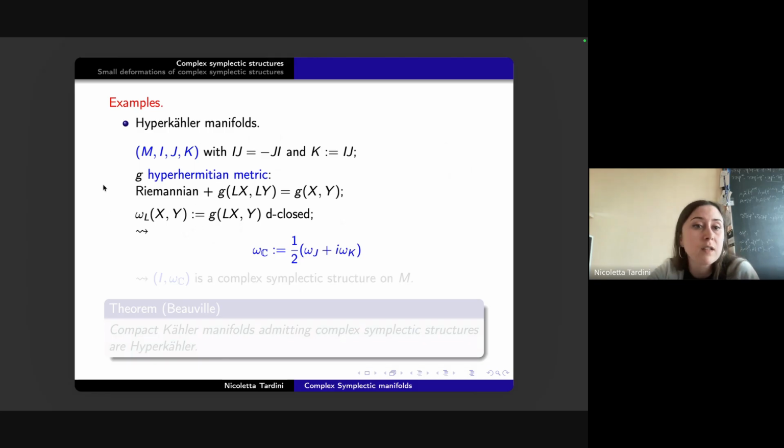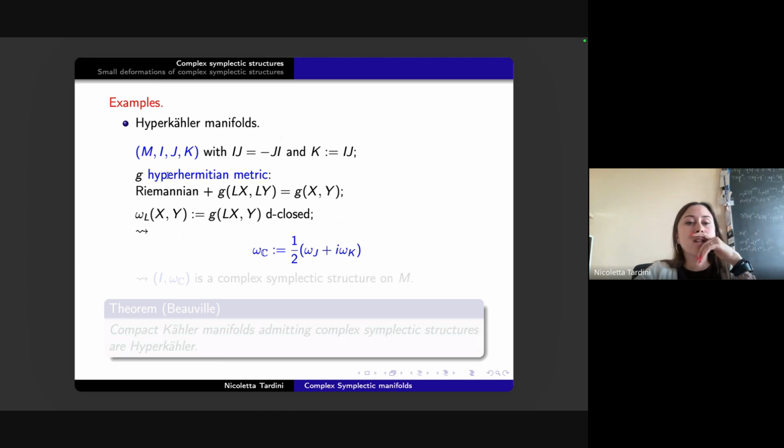This is a real positive (1,1)-form, the fundamental form of the Hermitian structure. And by definition, hyperkähler means that these omega_L for I, J, and K are closed. So they are symplectic forms, essentially compatible with the complex structures I, J, and K. This means that we have a hyperkähler manifold.